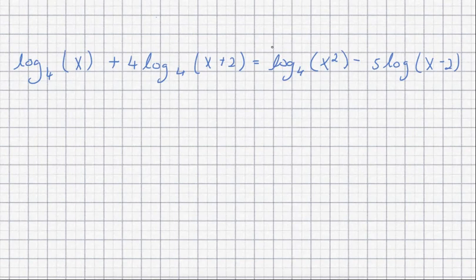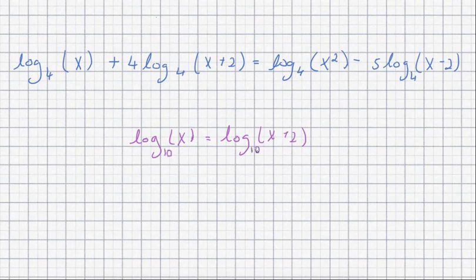First of all, what do we want to do? What's the end game for us? We want just one log on each side, with the same base. By the way, if you see just log x equals log something, and the base is not shown, it means that the base is 10.